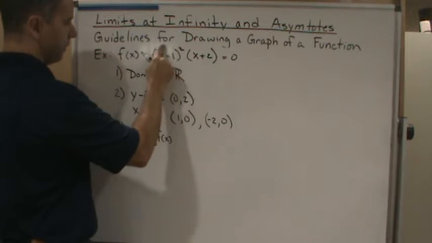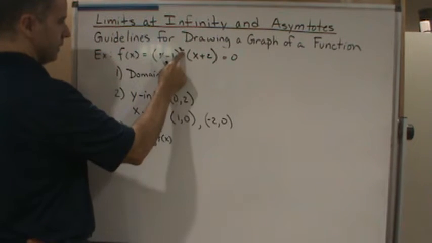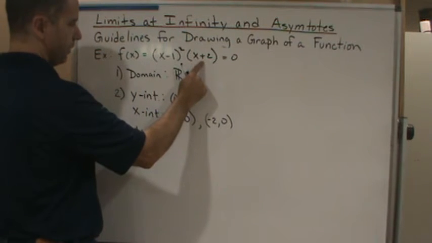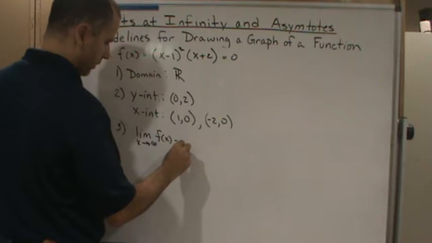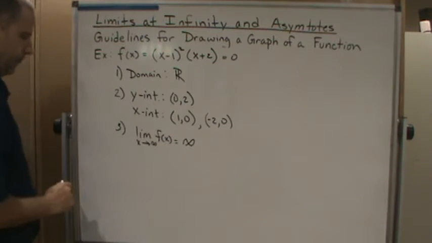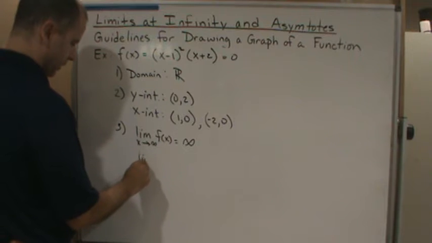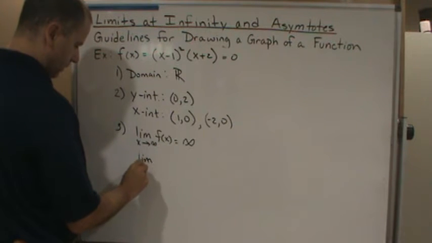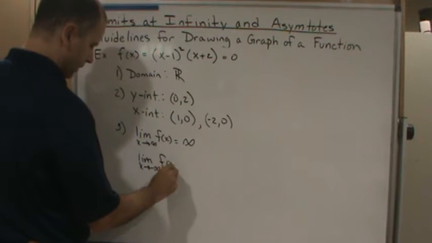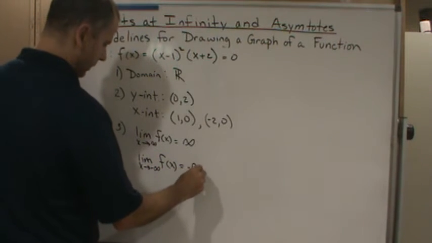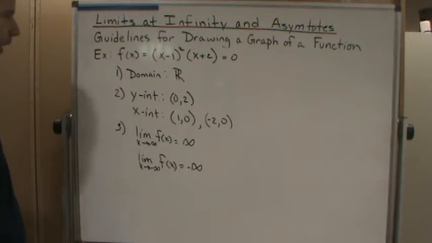This factor is always going to be positive because of the square, so the sign is determined by the second factor. As x goes to positive infinity, it's going positive, and the limit as x approaches negative infinity of f of x is negative infinity.